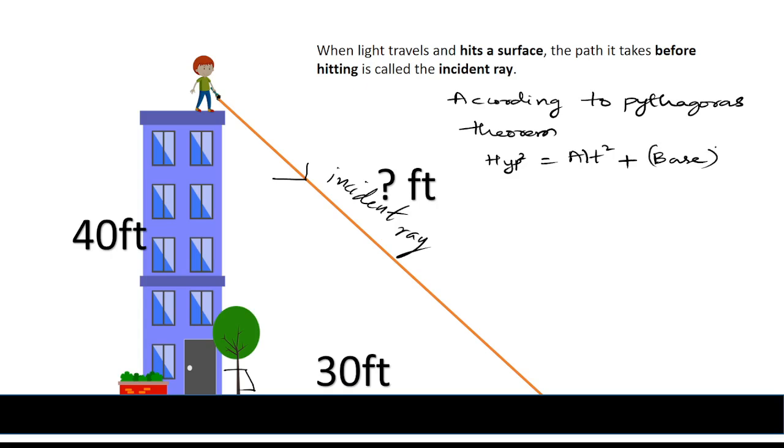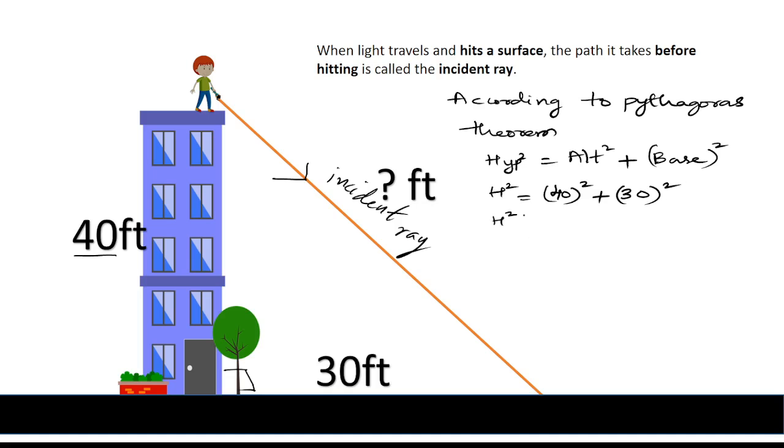We don't know the hypotenuse, so let us write down h square. Altitude is nothing but the height of the building, that is 40. So 40 square plus base is 30, so let us write down 30 square.